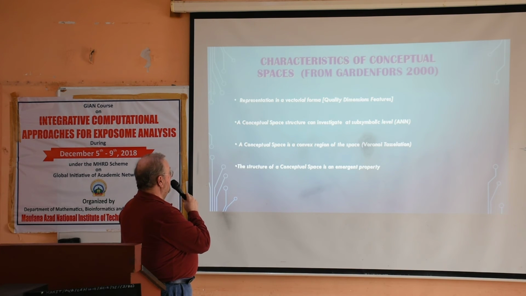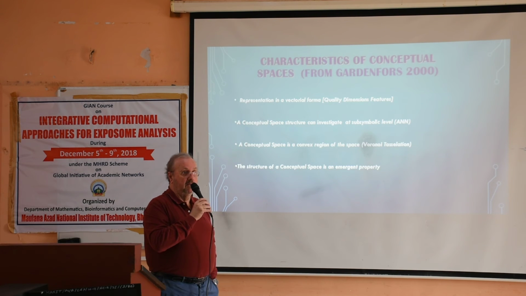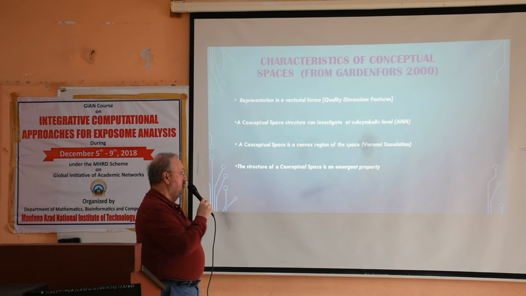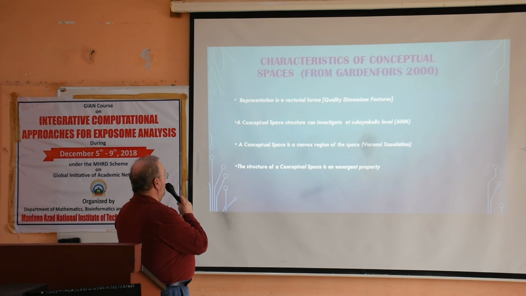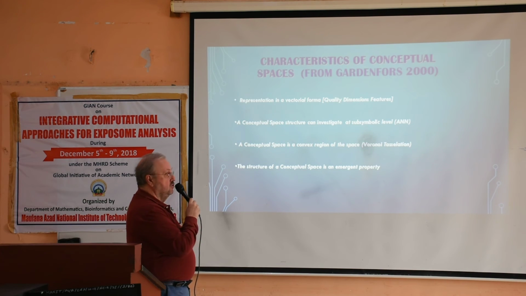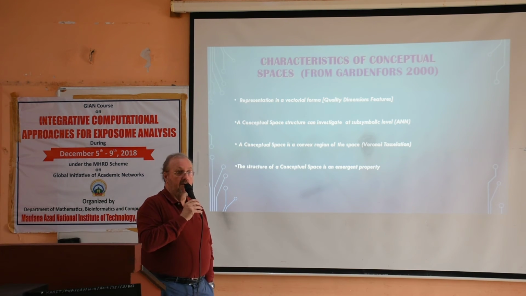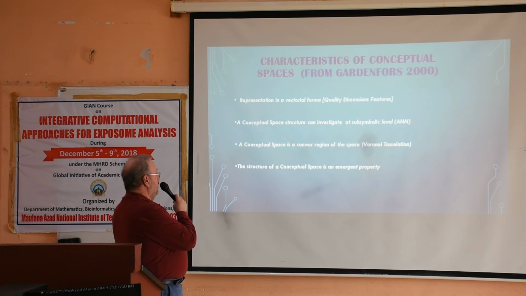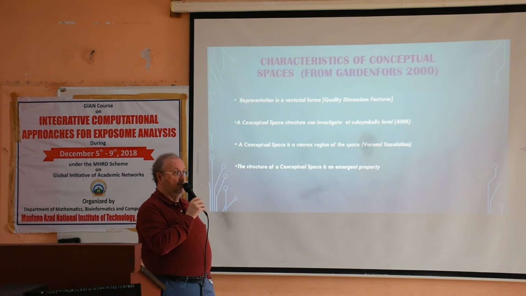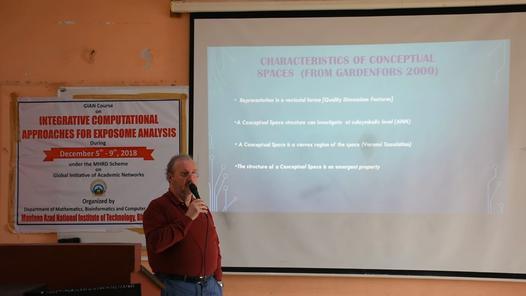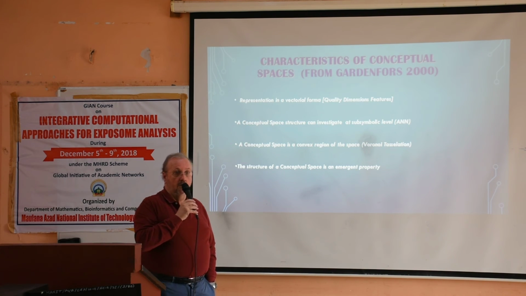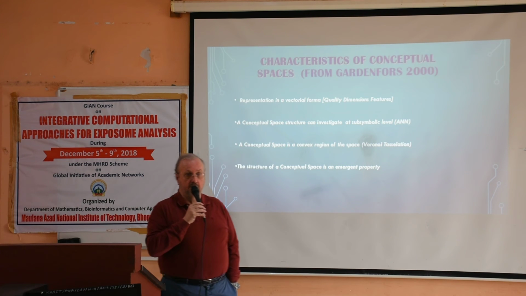A conceptual space is a convex region space, determined by Voronoi tessellation. The structure of the conceptual space is an emergent property. It's important because this suggests the idea that knowledge is a dynamic process controlled by dynamical systems.